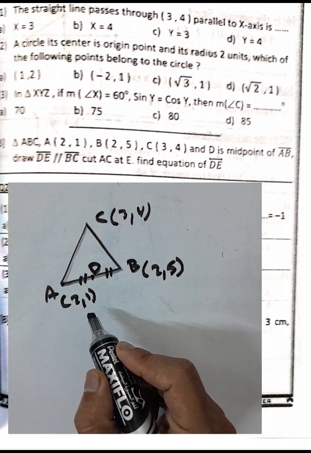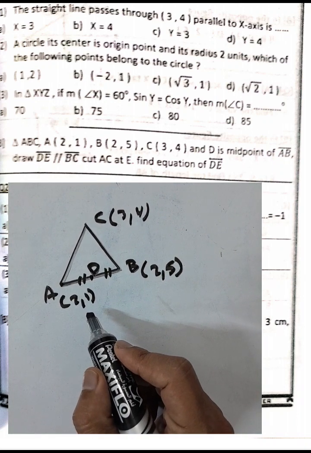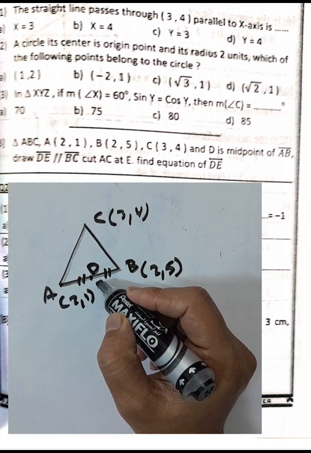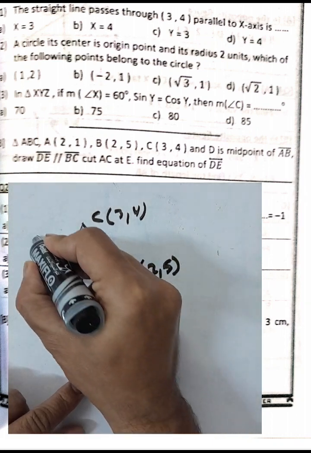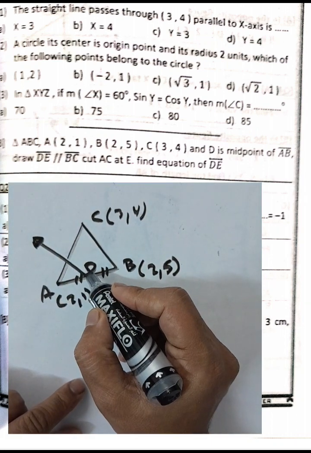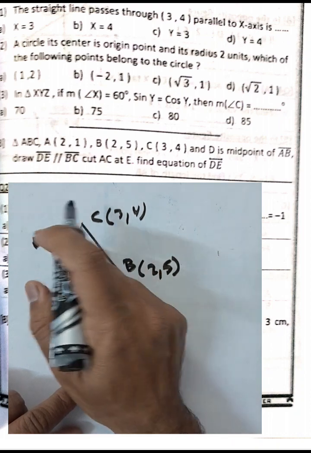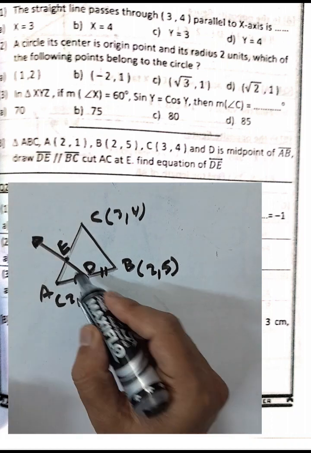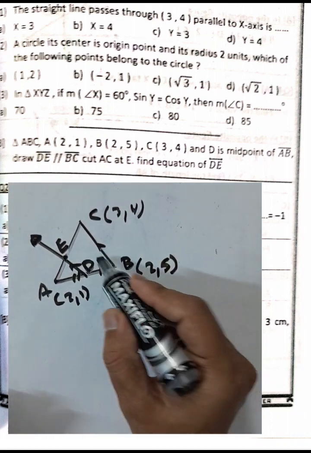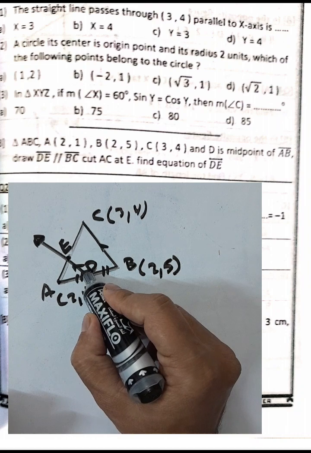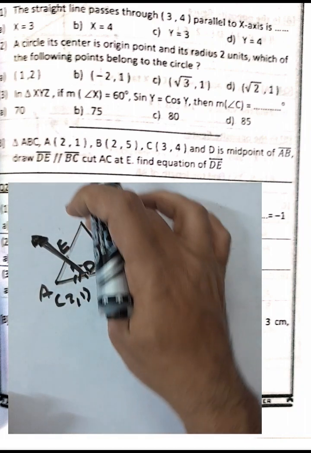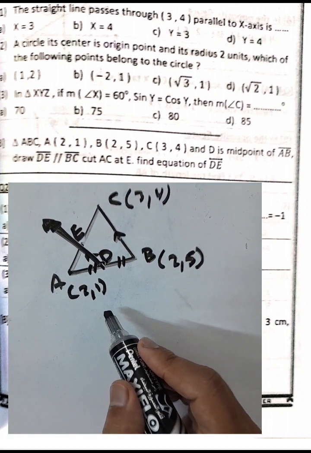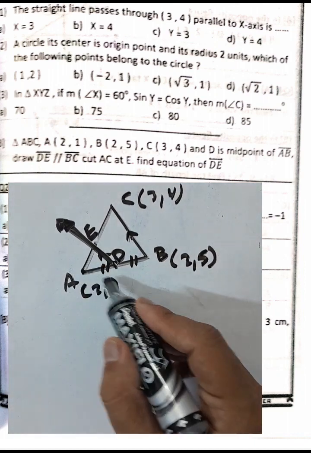And draw DE parallel to BC, cutting AC here at the point E. DE is parallel to BC, they are parallel straight lines. We want to find the equation of DE.